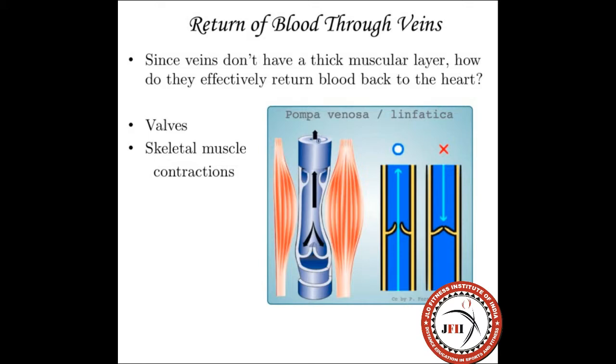So they recommend, if you're on a long flight, let's say you're going 18 hours to another continent, get up a few times and walk around the cabin of the plane. Get that blood flowing really efficiently. People who don't do a lot of physical activity throughout their life are going to tend to have circulatory problems, whether it's edema or other problems with blood pressure, etc. So moving skeletal muscles helps get that blood through veins.